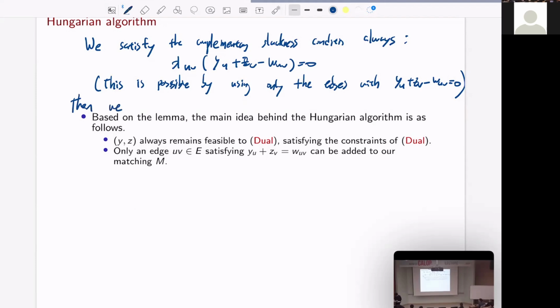We try to construct a perfect matching. As soon as you get a perfect matching, due to the way I pick my edges, we satisfy the conditions of the lemma, and that proves that your perfect matching is optimal. That is the algorithm.